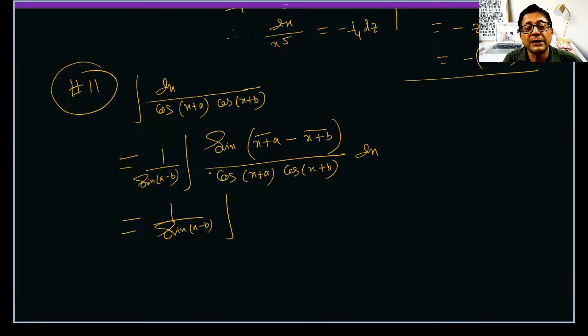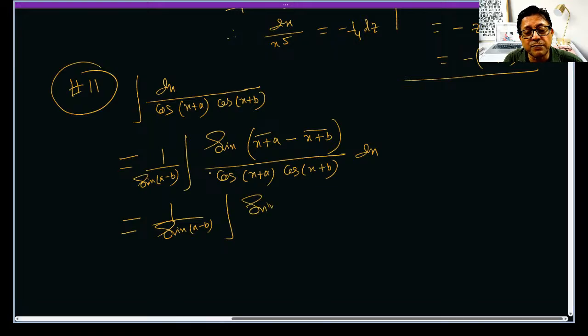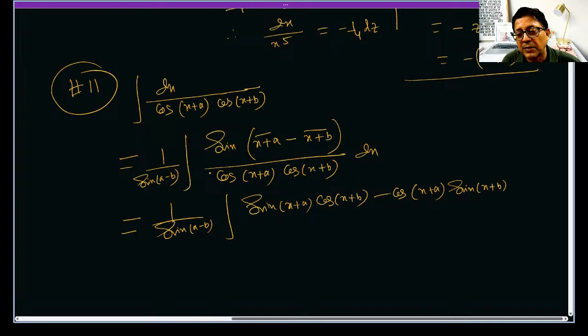It is sin(a minus b), that is sin a cos b minus cos a sin b. It's all right.